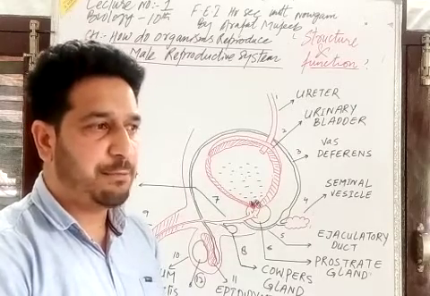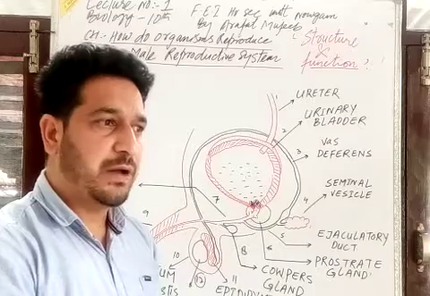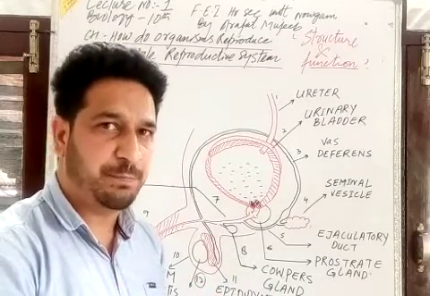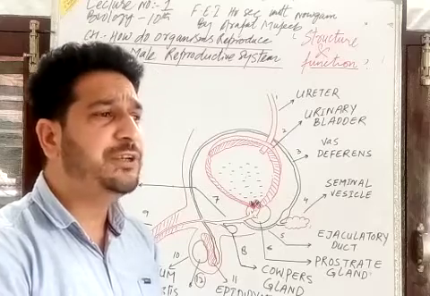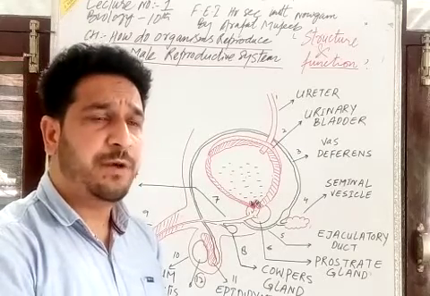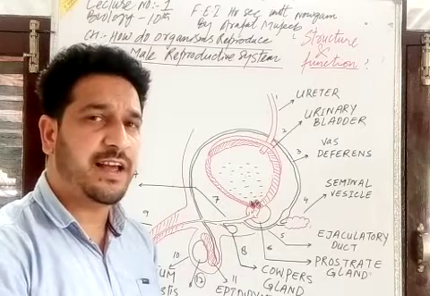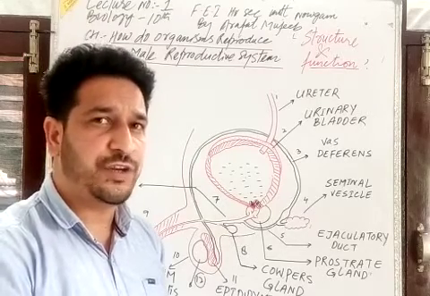Leydig cells play an important role in the maturation of the sperm, in the formation and development of the seminiferous tubules, because these Leydig cells secrete a sex hormone known as testosterone.